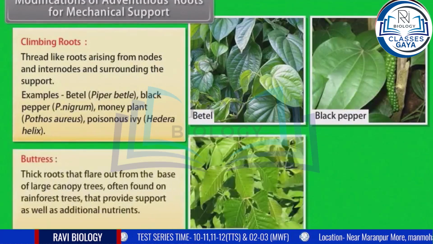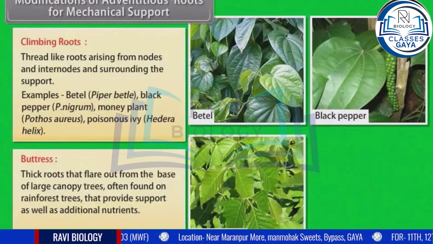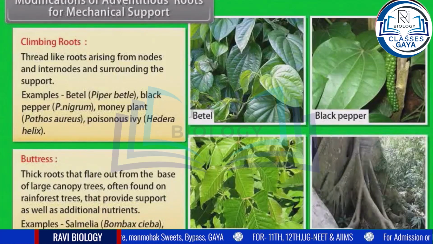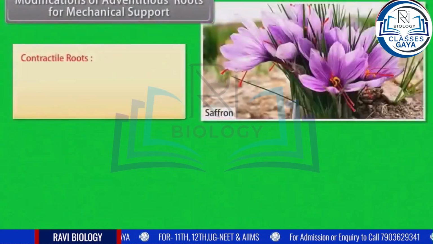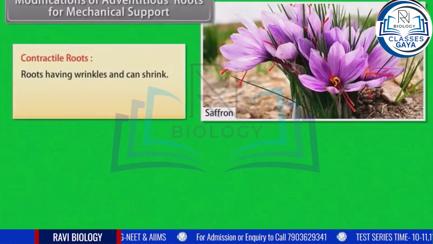Buttress roots: thick roots that flare out from the base of large canopy trees, often found on rainforest trees, that provide support as well as additional nutrients. Examples, Salmalia, old banyan tree, etc. Contractile roots: roots having wrinkles that can shrink.